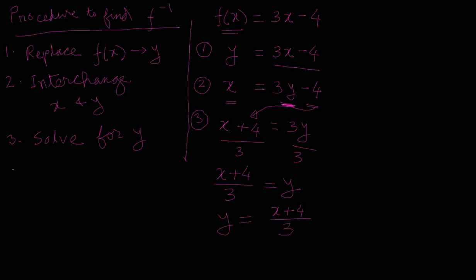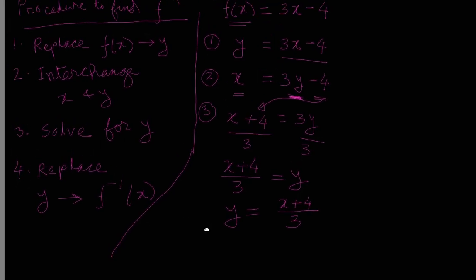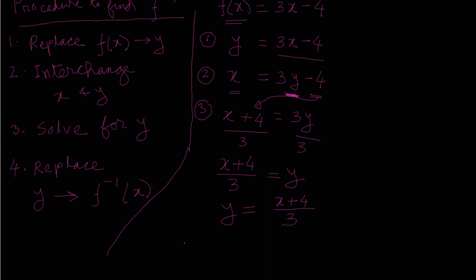So let us see the last step. Step number 4 is replace y with f inverse x. So for my particular problem, step number 4 is I'm going to replace y with f inverse x, which equals (x plus 4) over 3.